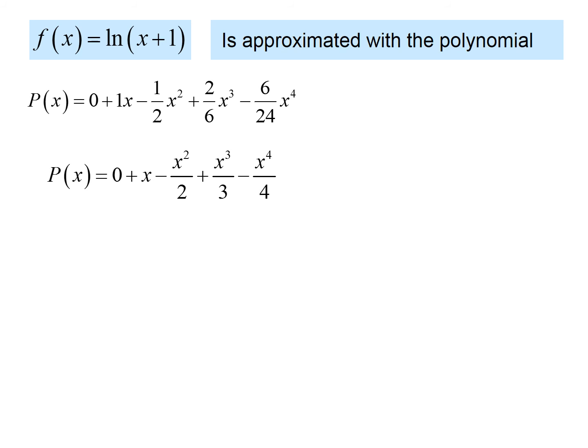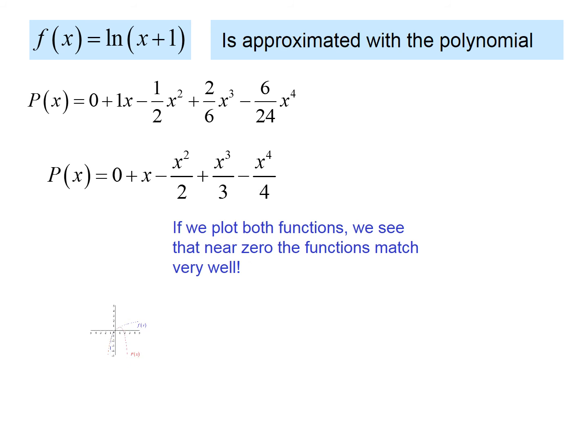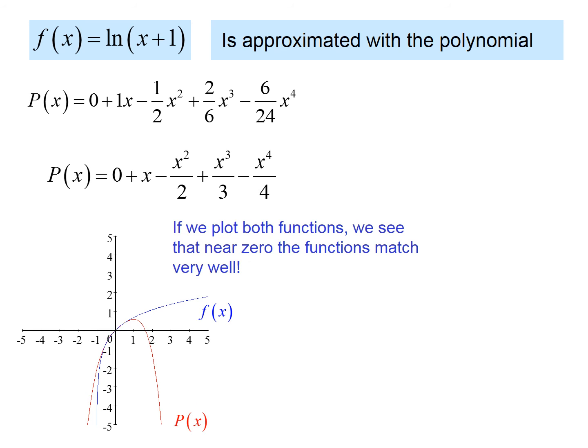If I were to graph the two functions side by side, notice that f of x is the actual function, the natural log of x plus 1, whereas p of x is the polynomial in red. Notice that between -1 and 1, the values are very similar.